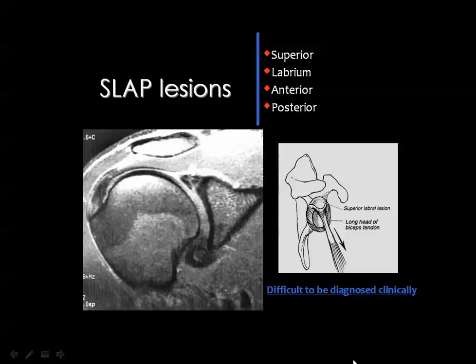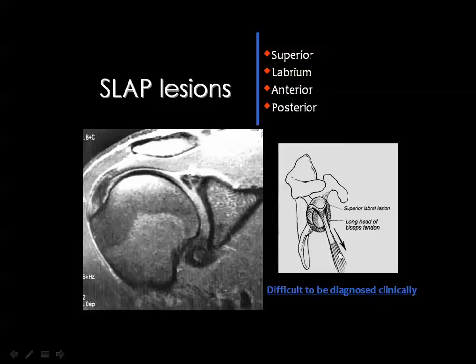Then SLAP injuries mean that you are dealing with a lesion in the superior labrum that may involve the biceps tendon as well, hence the name superior labral anterior posterior: injuries anterior and posterior relative to the tendon of the long head of the biceps.